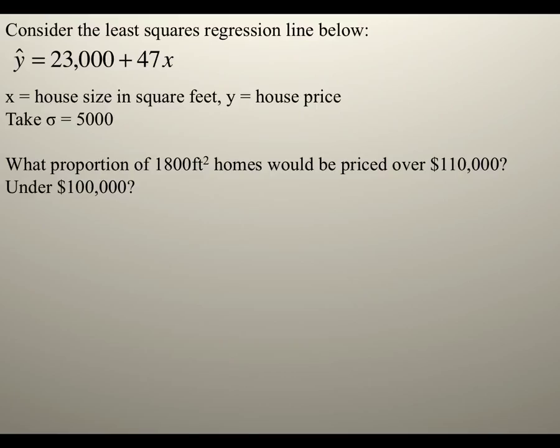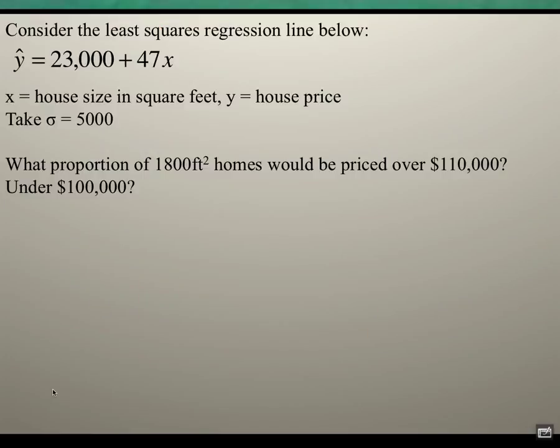Okay. So to start the problem, it tells us that we're looking at 1,800 square feet homes. That's our X value. We can probably guess that we should substitute that into our regression equation. So we have y hat equals 23,000 plus 47 times 1,800.